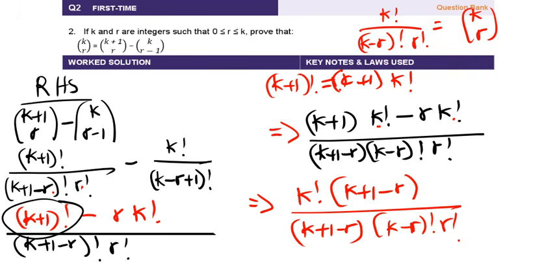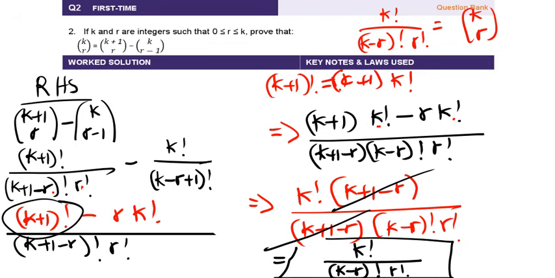Now we can clearly see that this guy and this guy are the same, they'll cancel out. And the only thing that I've remained with is k factorial divided by k minus r factorial times r factorial. Now if you look at this, this is exactly the part that we are looking for.